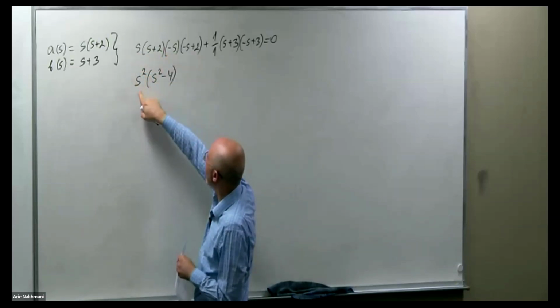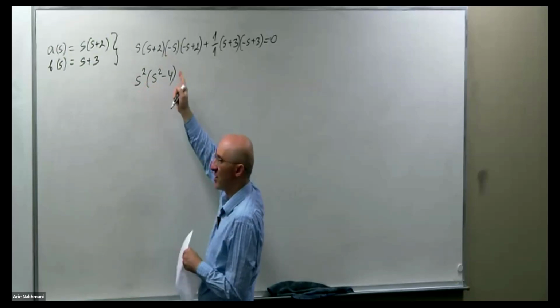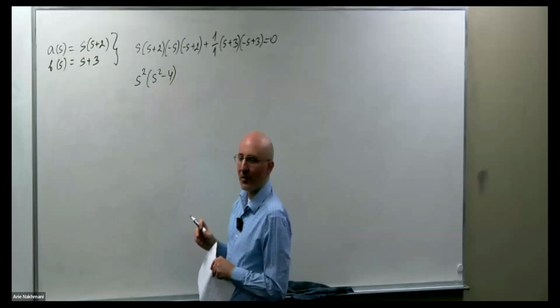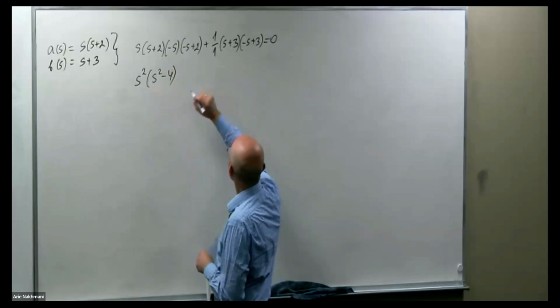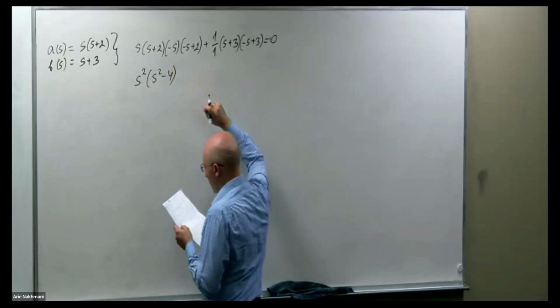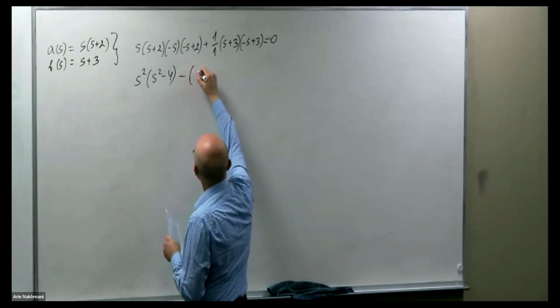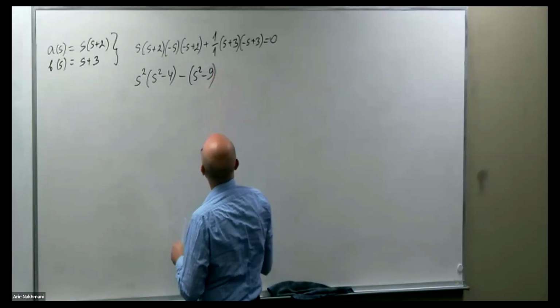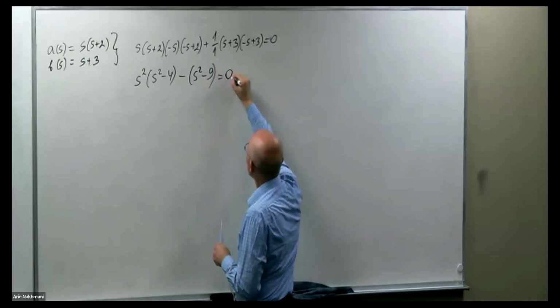So you get s squared, and s minus 2 times s plus 2 will be s squared minus 4. Okay, this is algebra. Same thing here, so it will be practically minus s squared minus 9 equals 0.